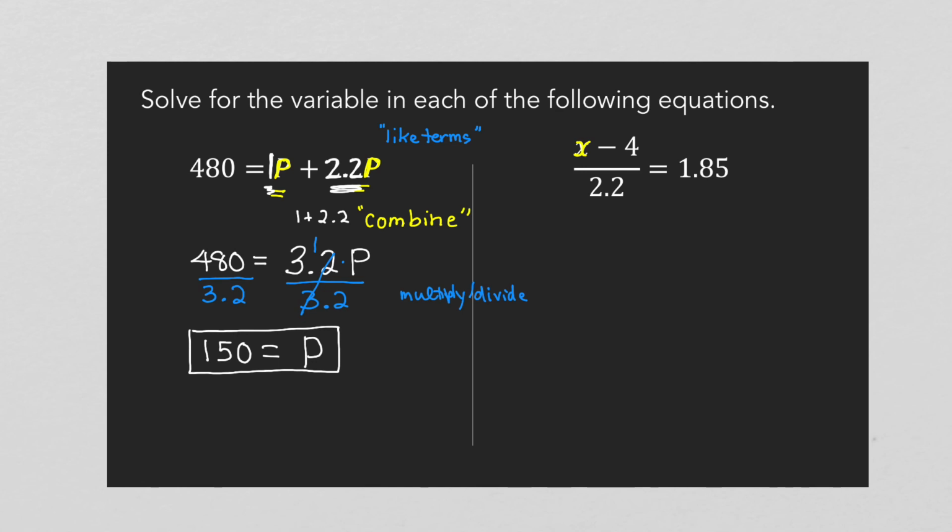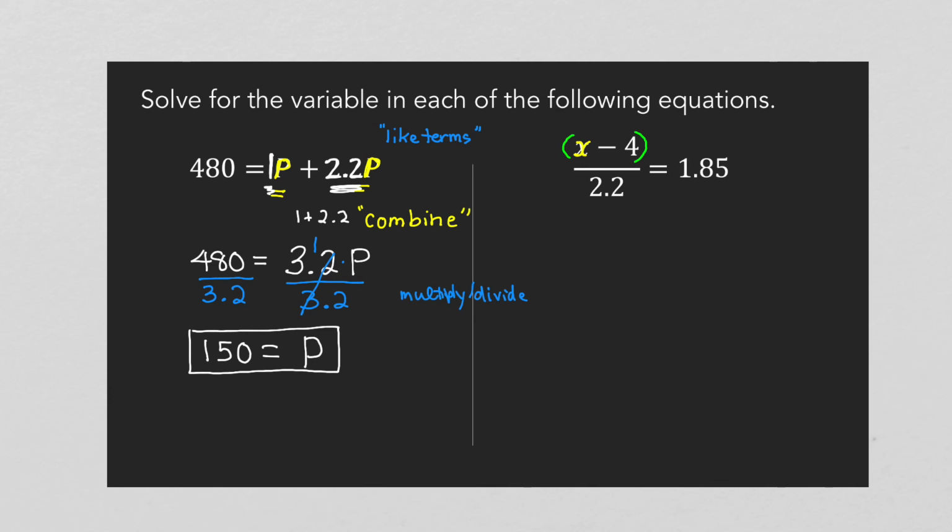There's lots of ways to approach this problem, lots of things to see. One thing that is missing, which we don't see, but which is inherent in this problem, is the fact that there are missing parentheses around this x minus 4.